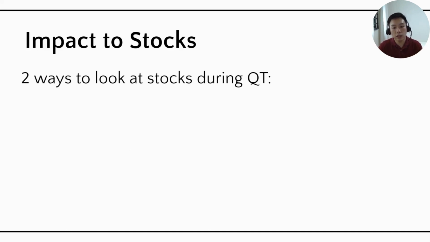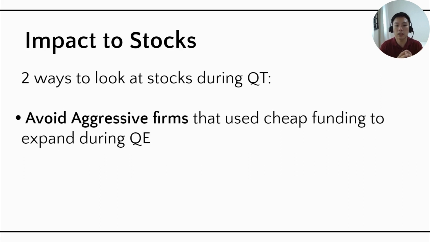The first lens that we're going to look at is those aggressive firms. They are those that have used cheap funding to expand aggressively, to grow at breakneck pace during the COVID pandemic. And back then they were borrowing at near 0% interest.